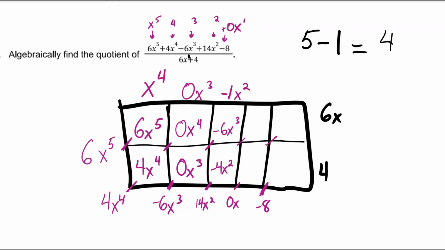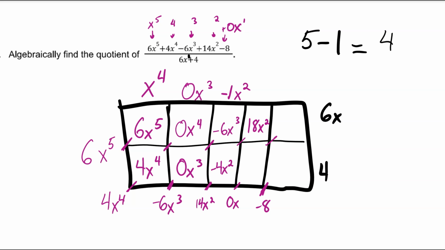Again, if you're unsure of what would add there, you could always do a quick subtraction problem off to the side. You could just take 14, what you want to get, minus what you got, negative 4, and find that that's 18 there. So I would need 18x squared in that top box.